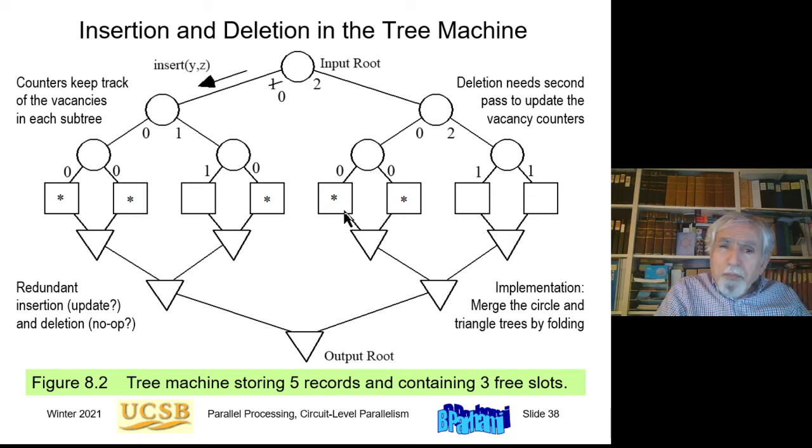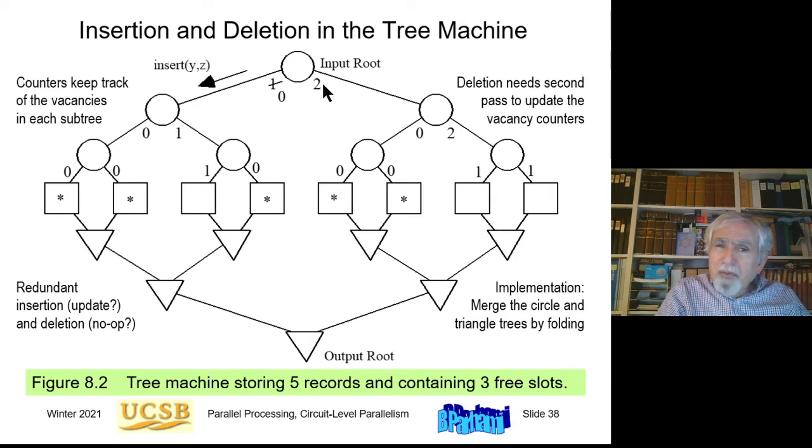Okay? So in order to know where these empty spaces are, we associate two counters with each circular cell. One counter says how many spaces there are in the left subtree. So in this case, there's one space, so this counter is 1. And in the right subtree, there are 2 spaces.